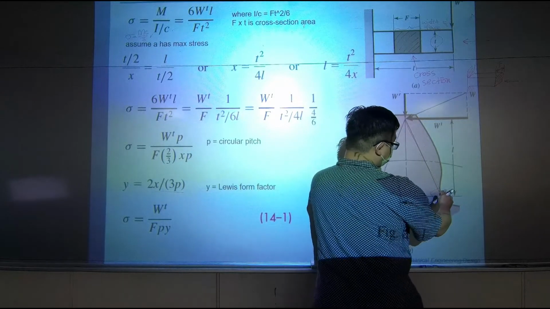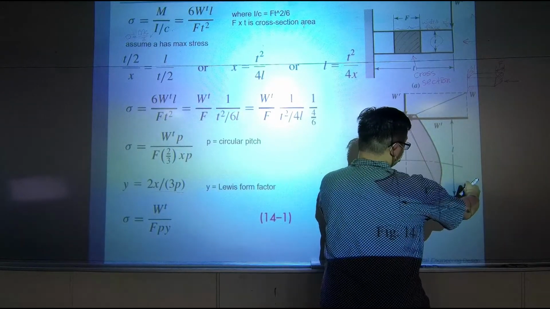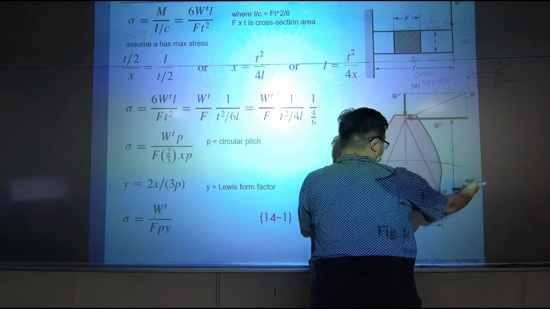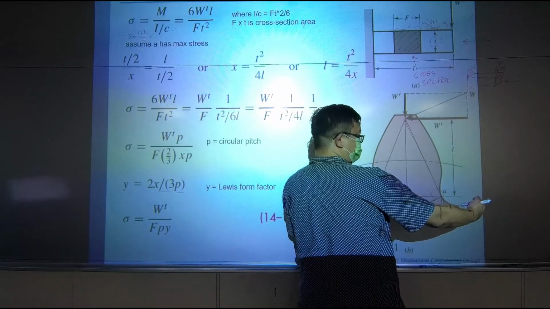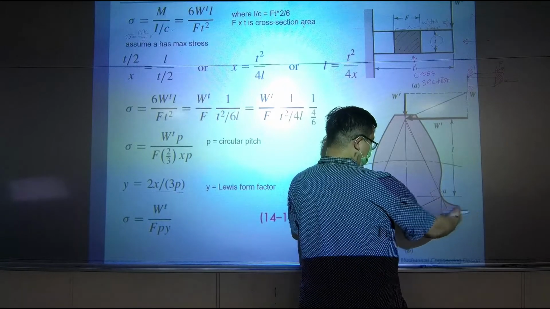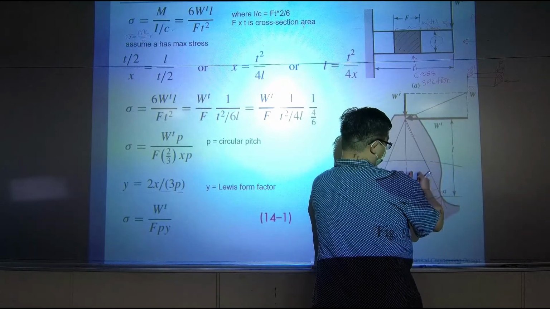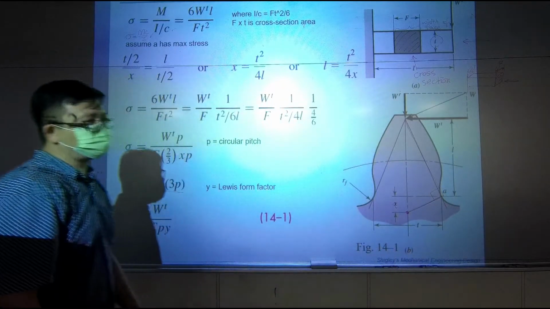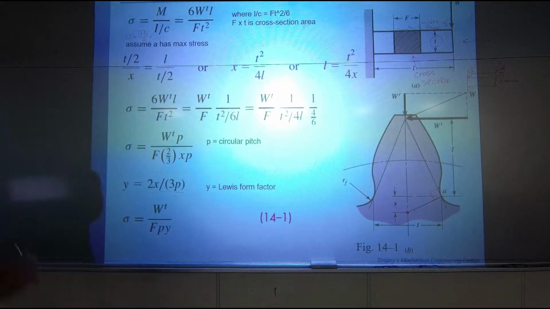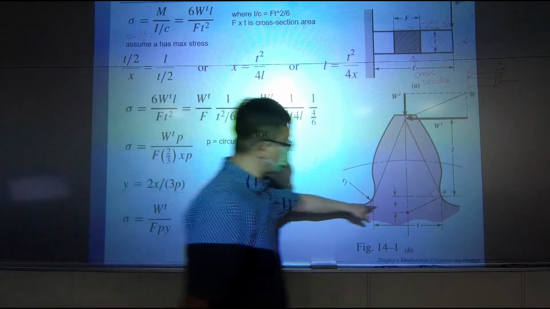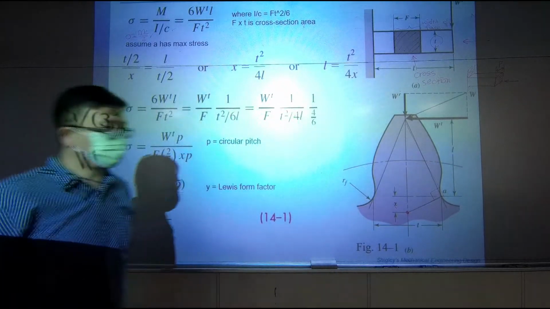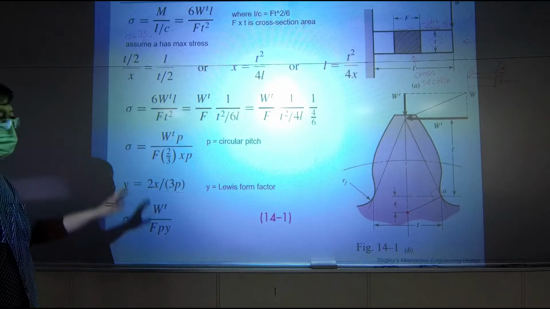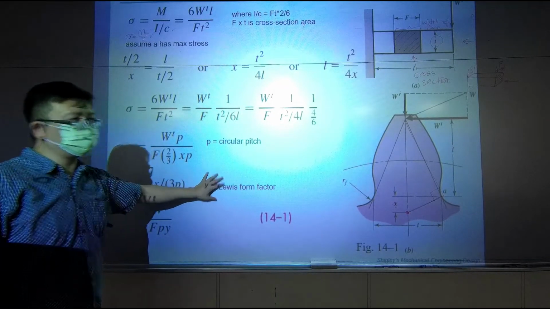When this triangle is having a wider range, then you may have a fatter tooth. When this triangle is narrower right here, you have thinner tooth. So this x could be used as a representing dimension.